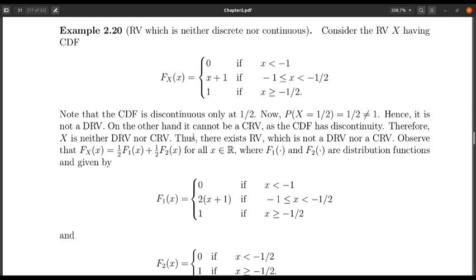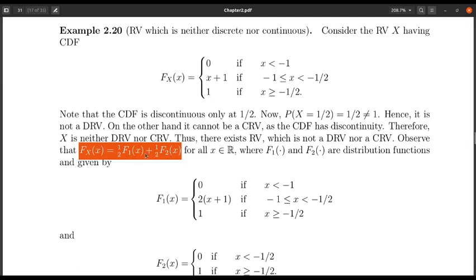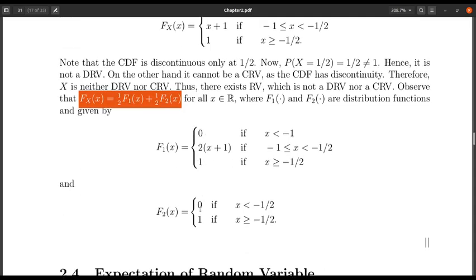But note that there is an interesting point here. This distribution function, which is neither discrete nor continuous, can be written in this form, where F1 and F2 are two distribution functions: F1 is the distribution function of a continuous random variable, and F2 is the distribution function of a discrete random variable.